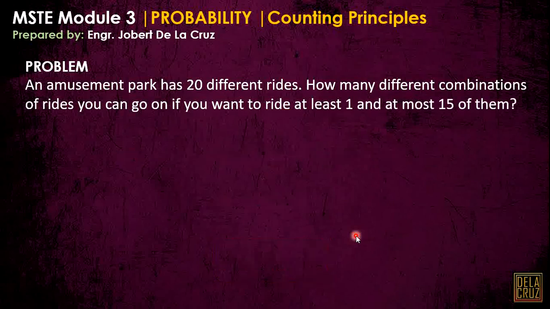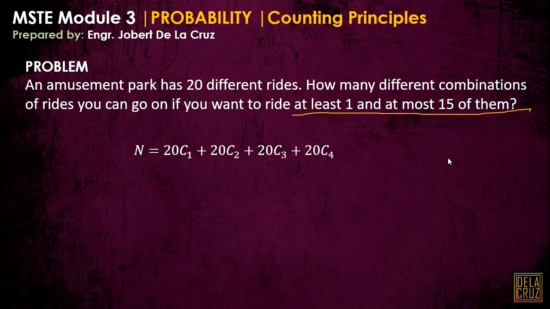Okay, the same problem, but yung statement is at least 1. I mean, you can go if you want to ride at least 1 and at most 15. Okay, so ito yung mga babantayan natin. At least 1 and at most 15. Okay, parang limits siya kumbaga ba in integral. So that is 20C1, 20C2 until so on, until 15 lang.